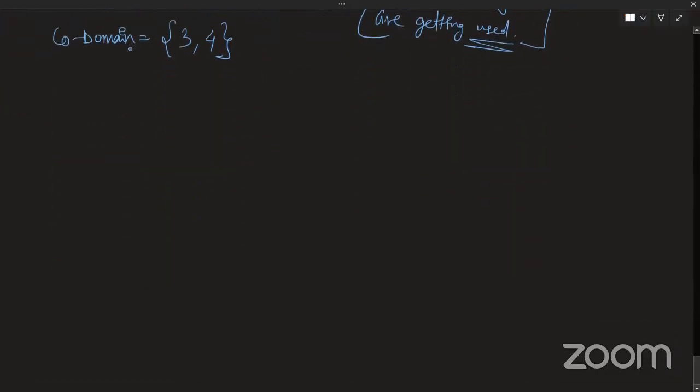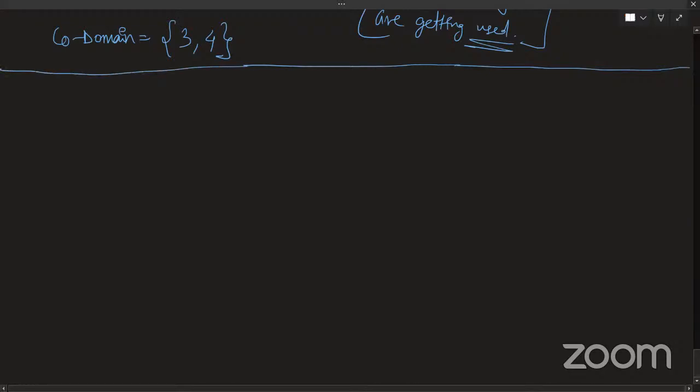Okay. Did you do those integration problems that I had given you as homework? Has anyone of you completed them? The integration problems where you were given a velocity vector and I had asked you to find displacement and distance.